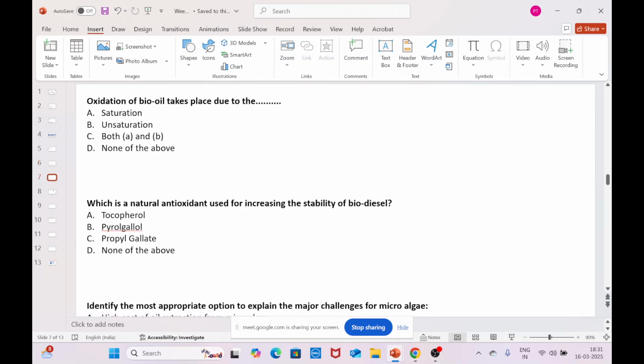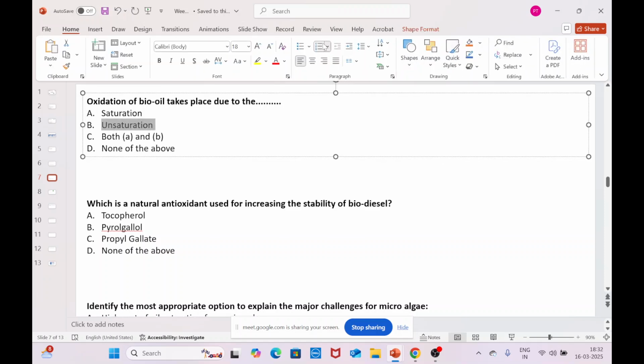Now, next question is, oxidation of bio oil takes place due to saturation in the fatty acid, unsaturation, both A and B, or none of the above. Unsaturation.